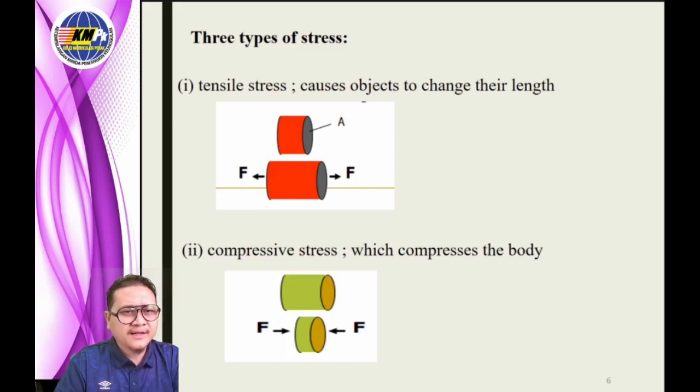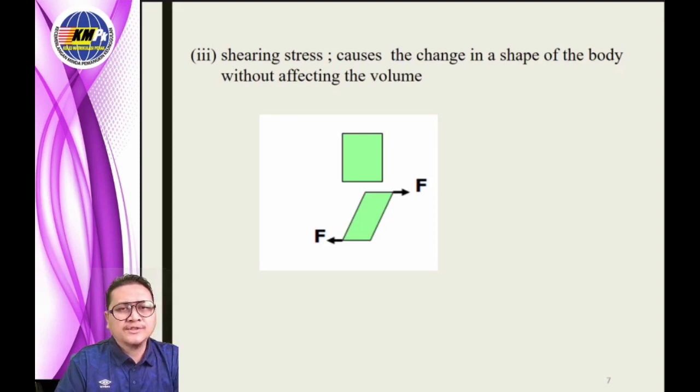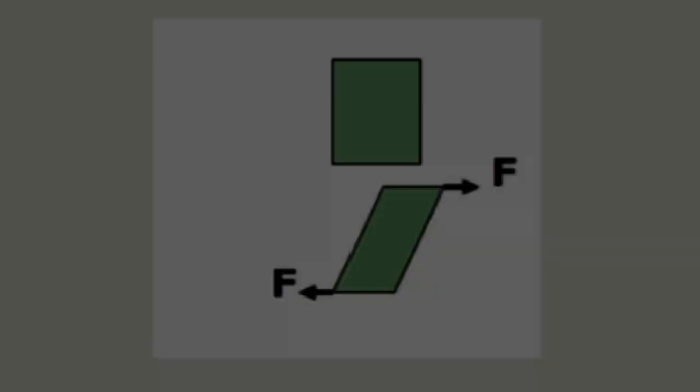So the tensile stress makes the object or the solid longer, while the compressive stress makes the body shorter. And the last one is shearing stress, which causes the change in the shape of the body without affecting the volume.